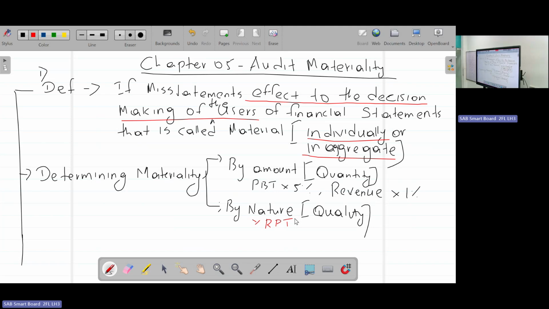Related parties include a parent and subsidiary, a parent and associate, the main company and an associate company, and same group companies. Say A company is a common parent entity, with B company and C company.